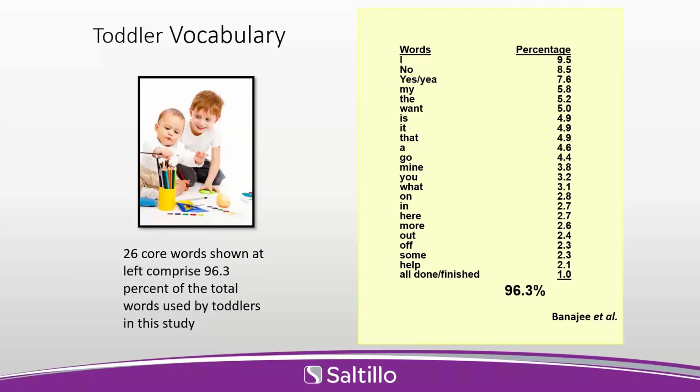These 26 words made up 96.3% of what they said. So with just those 26 words, the toddlers were able to initiate, maintain, and terminate interactions. That's pretty powerful when it comes to having 26 words, right? It's really important. And when you look at those, they're really comprised of core words.